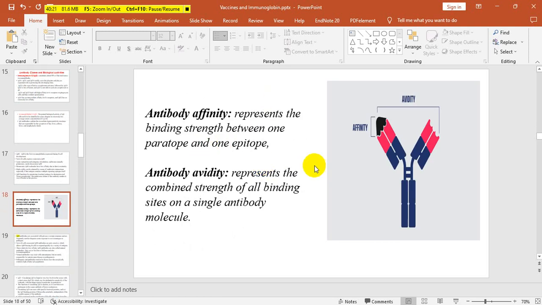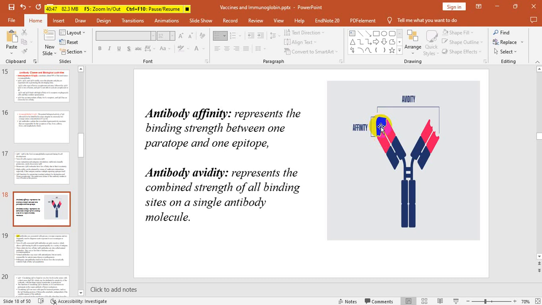Okay, so let me explain antibody affinity and antibody avidity. You'll be meeting this throughout your career life. Affinity means how one variable region binds onto an antigen. This black thing is the antigen, and the variable region is binding to it.